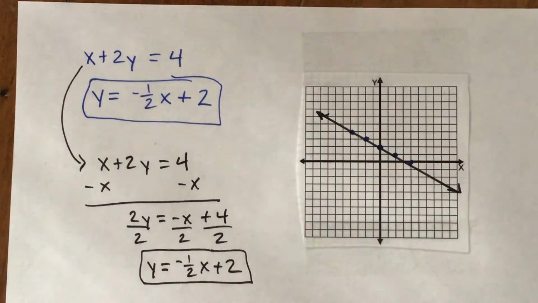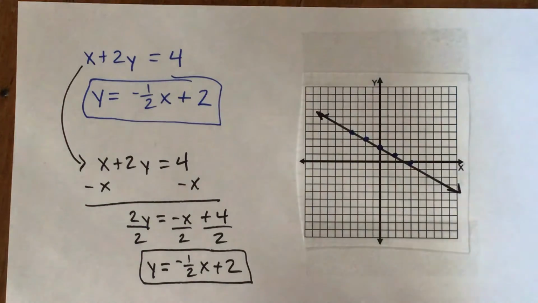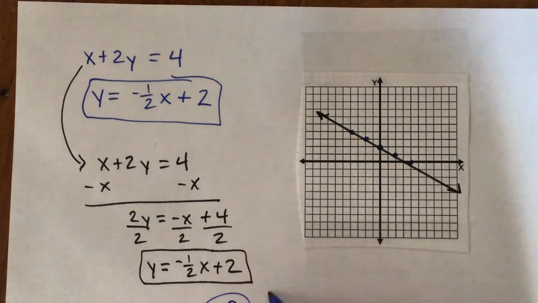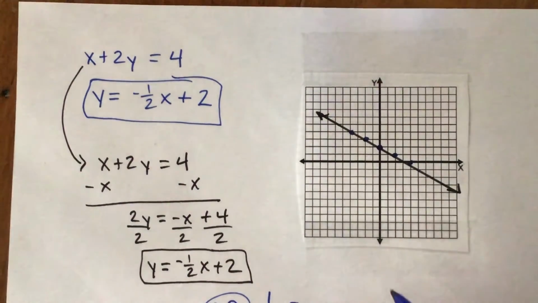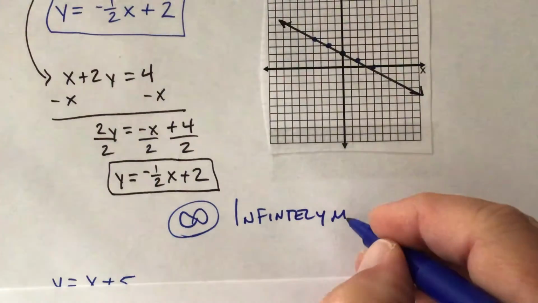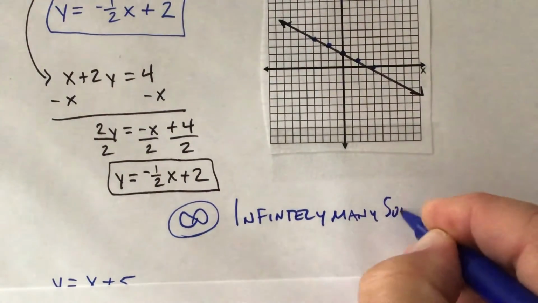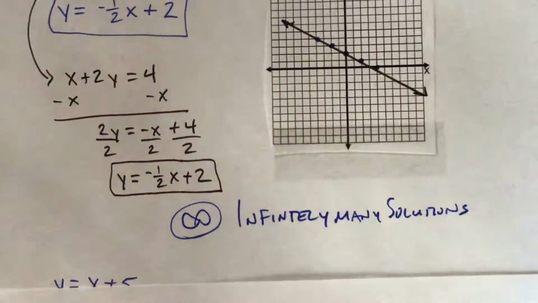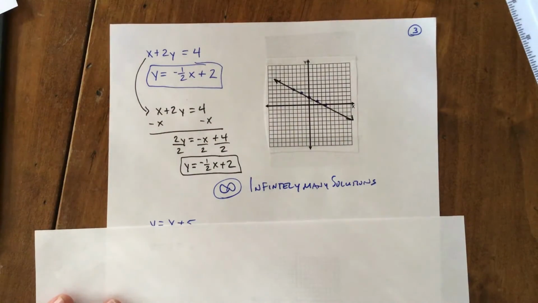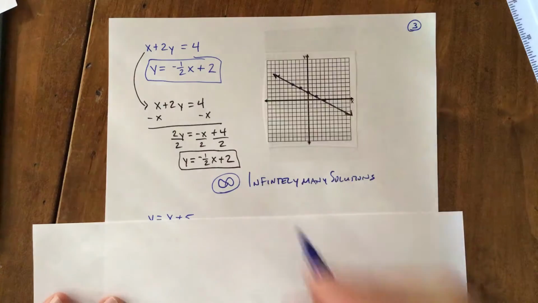That's what we're going for, is that they produce the same line. So you can make the little infinity sign or call it infinitely many. Oh, you can't see that. Many solutions. There you go. All right, so that's what it looks like. Infinitely many solutions when they have the same line.